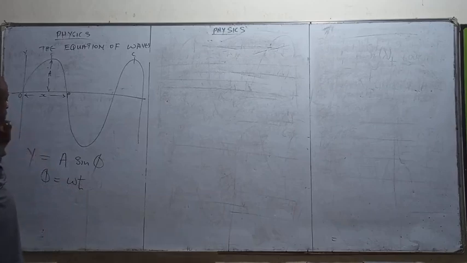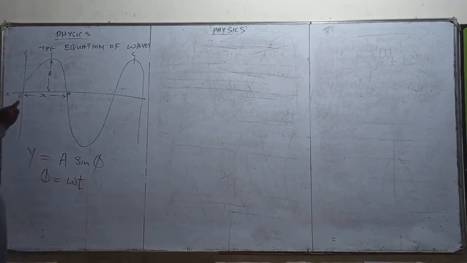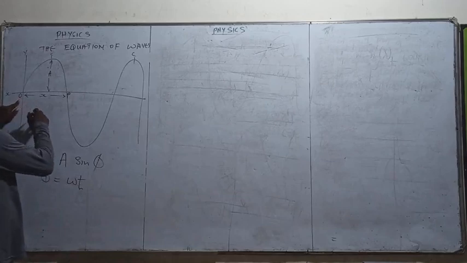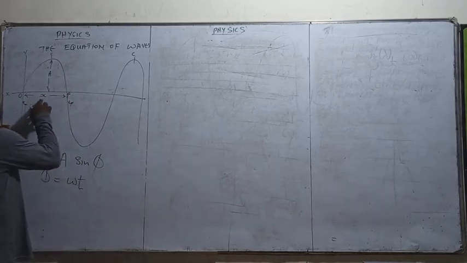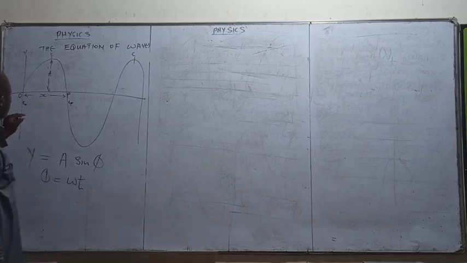Now, if t is a function of time, it means that the particle started at time t0 and at point P at time tP. Also, there is a change here. There's a change in the speed of the body. There's a change in time.